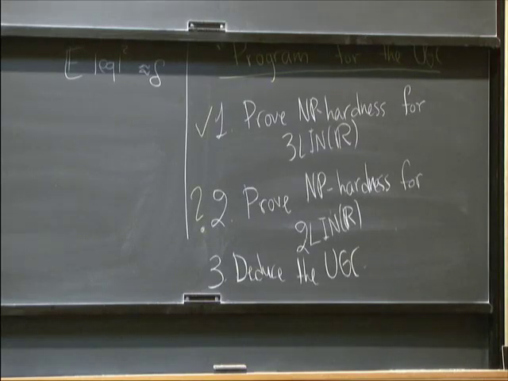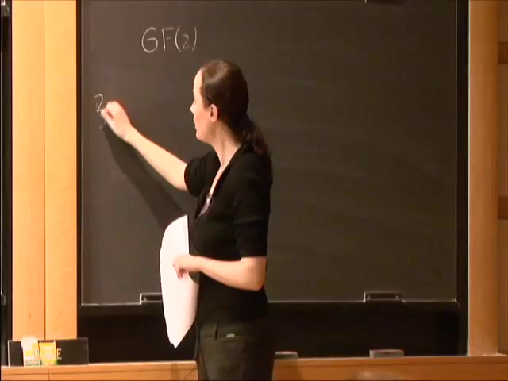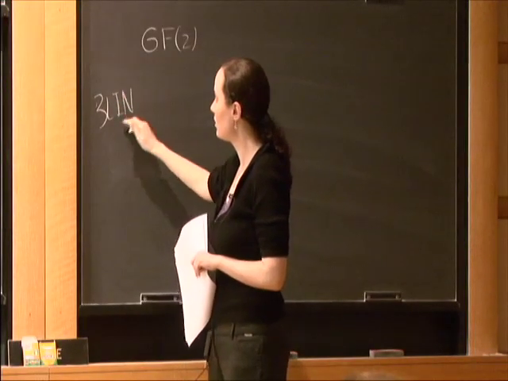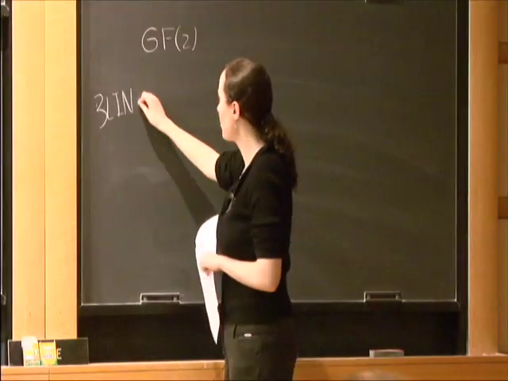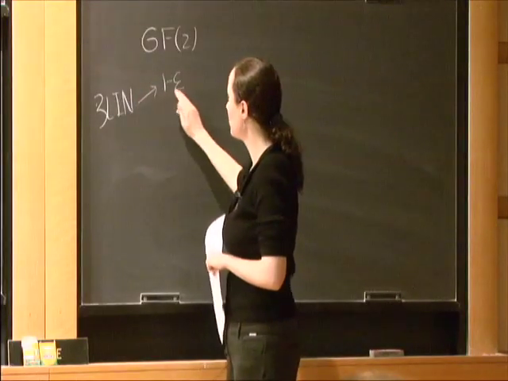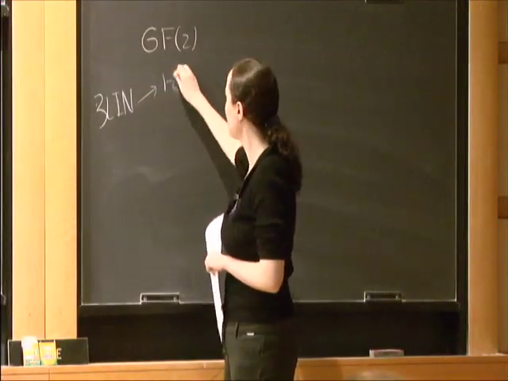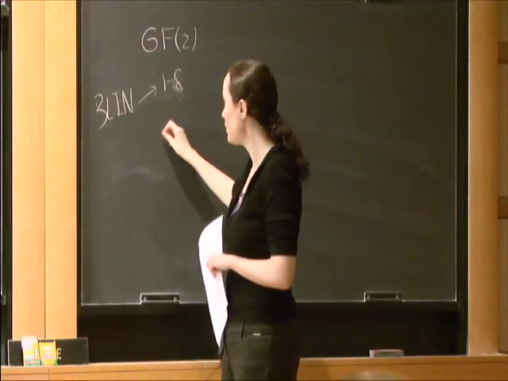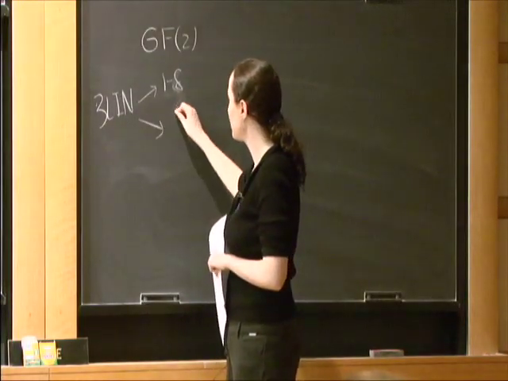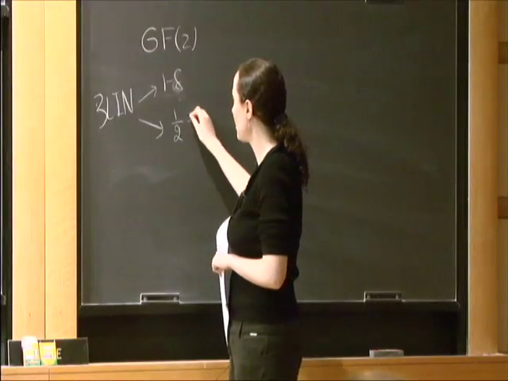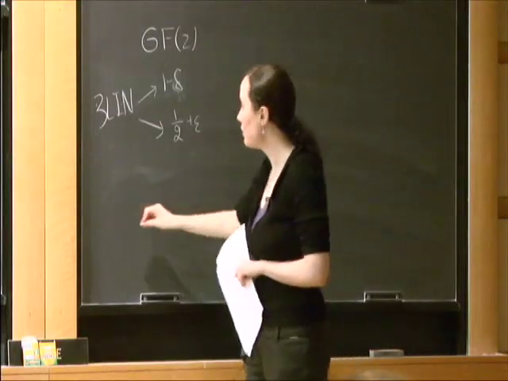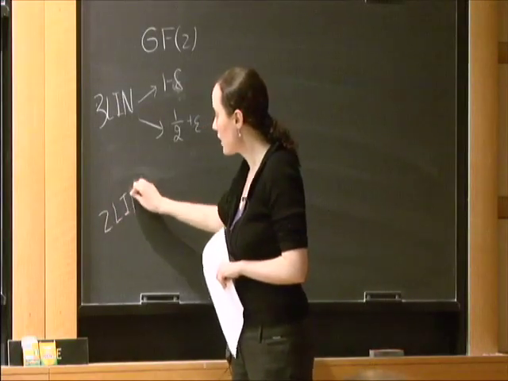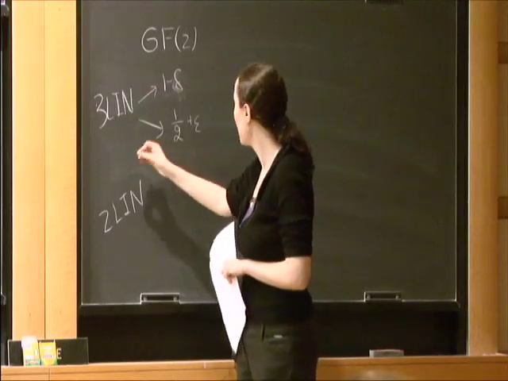Over GF2, for 3-lin we know NP hardness. This is Hastad's famous result, where in the completeness case you can satisfy 1 minus delta of the equations, while in the soundness case you will only be able to satisfy half plus epsilon. On the other hand, for 2-lin, we have an algorithm. So this is a hardness result.